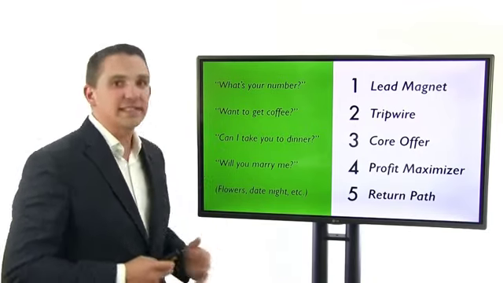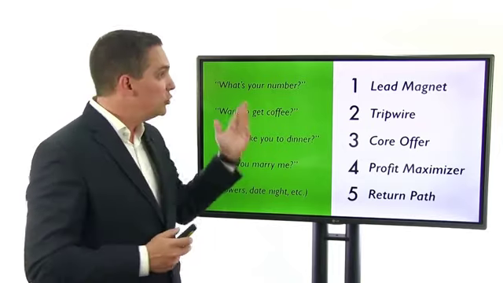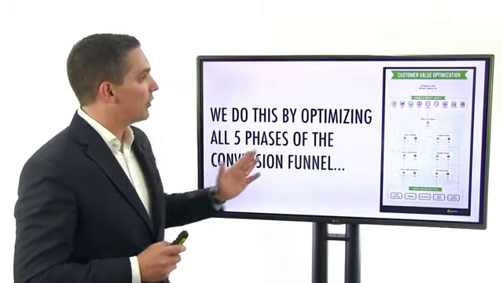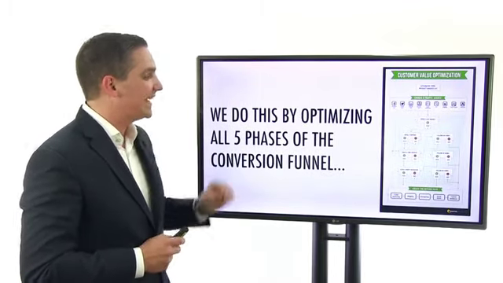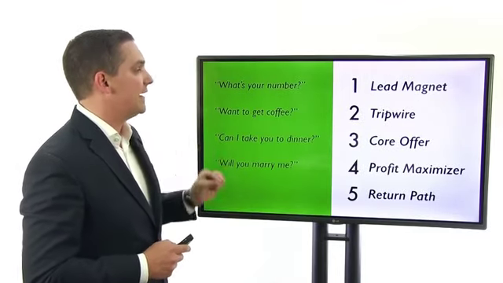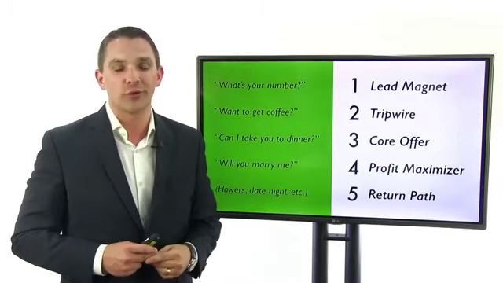But the point is, this is the structure of human relationships, and it's also the structure of business relationships. And what we're doing as a part of the customer value optimization process is we're doing just that. We are optimizing all 5 of these phases. Every single one of them: the lead magnet, the tripwire, the core offer, the profit maximizer, and the return path.